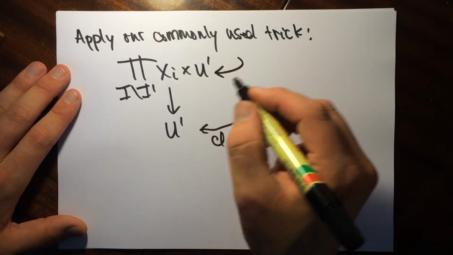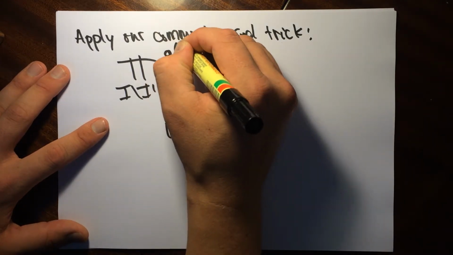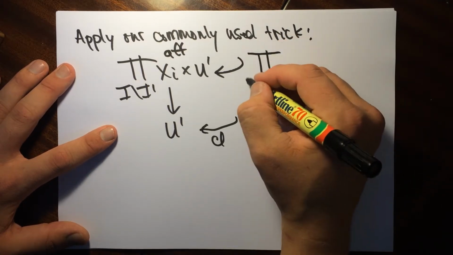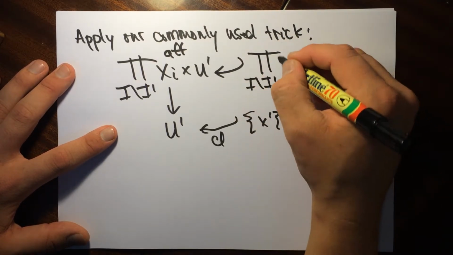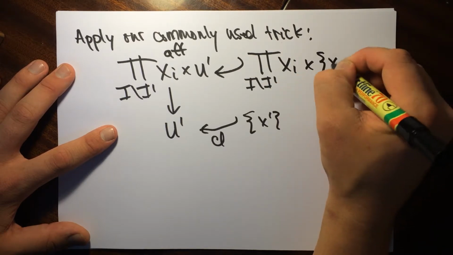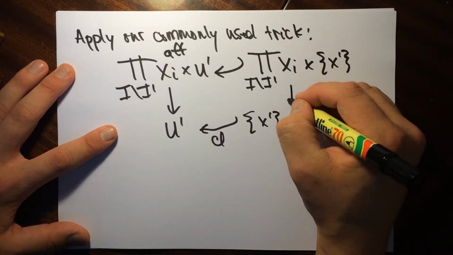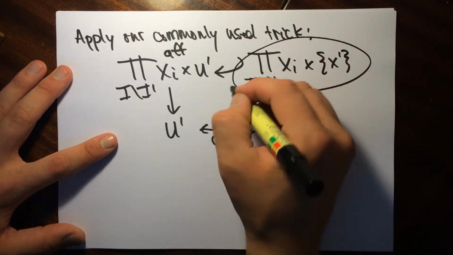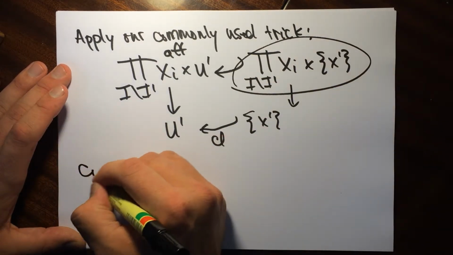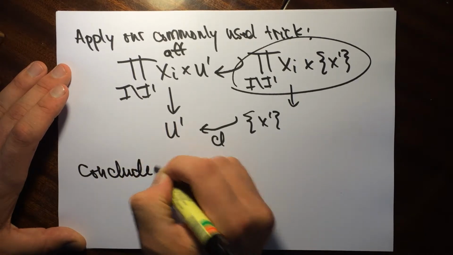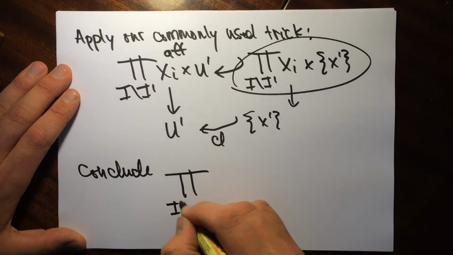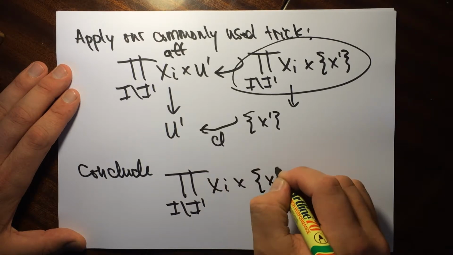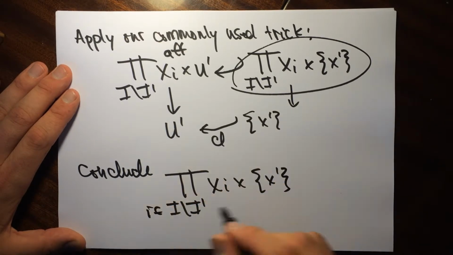So this thing here is affine, we know. And then we have this thing here of I set minus I prime. This is xi cross x prime here. And we have this projection. And we got this by base changing, so we can conclude that, so this is I, and here this thing is affine.